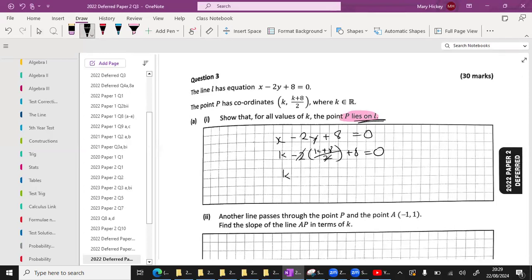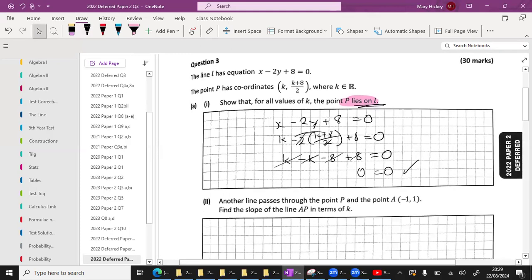Now, don't forget you have to apply the minus not only to the k, but also to the 8. You're multiplying minus into the bracket. Now, straight away, I can see that this is going to work because I have k, minus k, 8, minus 8. So I end up with 0 is equal to 0, which is correct. So we know that P lies on L.